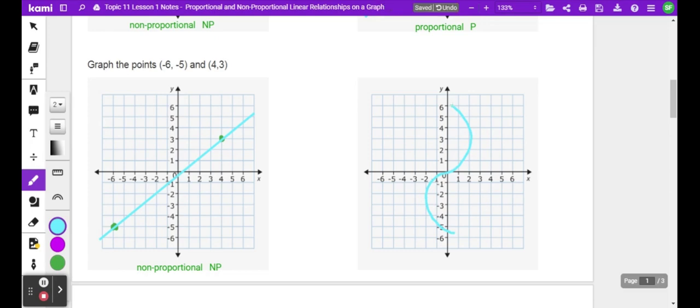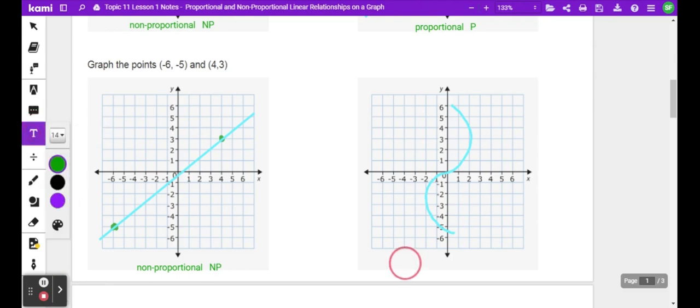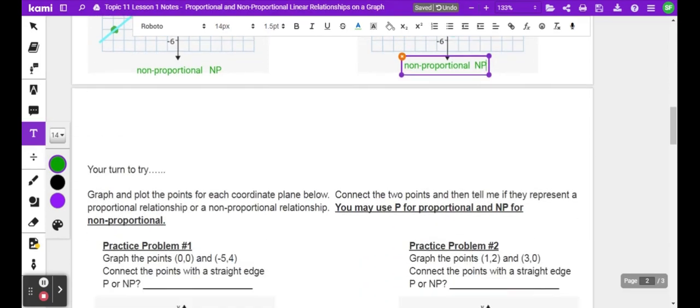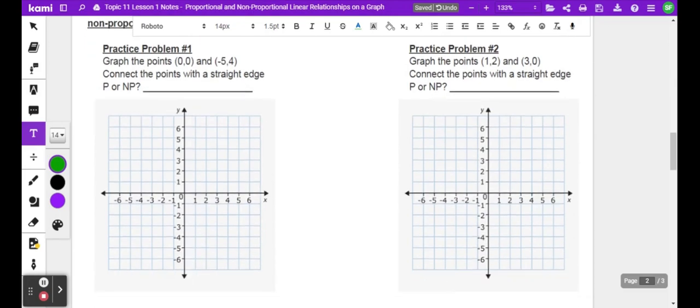I understand that it passes through the origin, but because the line is not straight, it has curves, that instantly makes your situation non-proportional. So make sure you understand 2 things have to happen in order for it to be proportional: straight and pass through the origin. You can go ahead and slide down and try these 4 practice problems on your own.